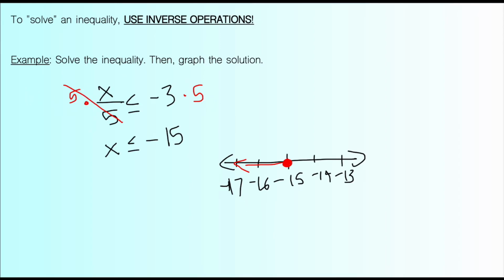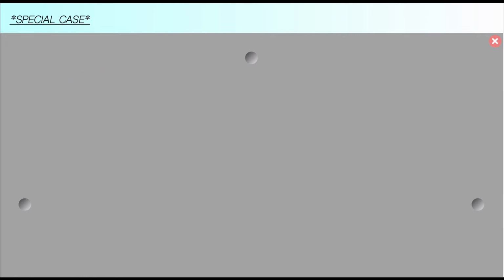Where things get to be a bit new, this is where you really want to pay attention and hone in on what I'm talking about. There is a special case that applies only to multiplication and division as an inverse operation when solving inequalities.